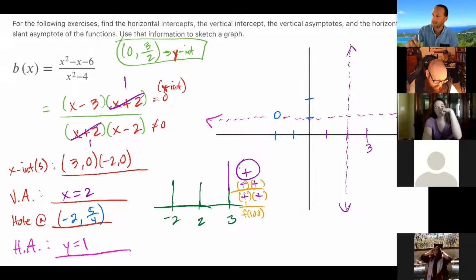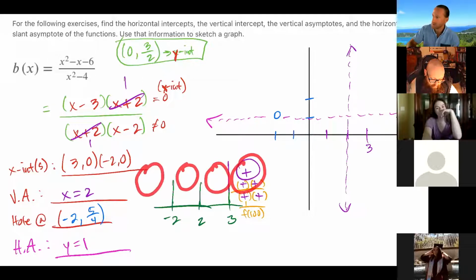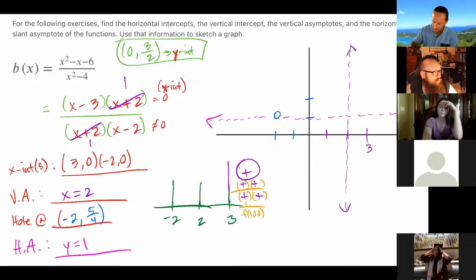Even was the same. It hit that thing and then went back. So I already know, since these are all odd multiplicities, that all of my y values are going to go to the opposite side. Negative. Which means all I needed was that 1. I know that this is going to be negative, positive, negative.